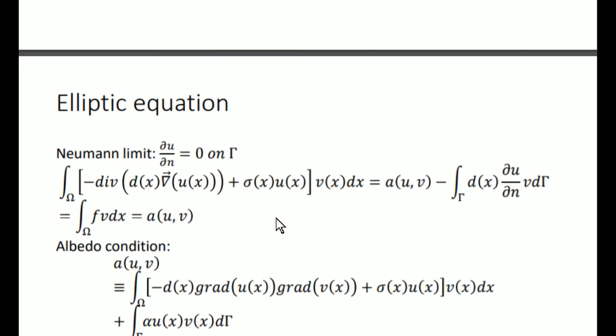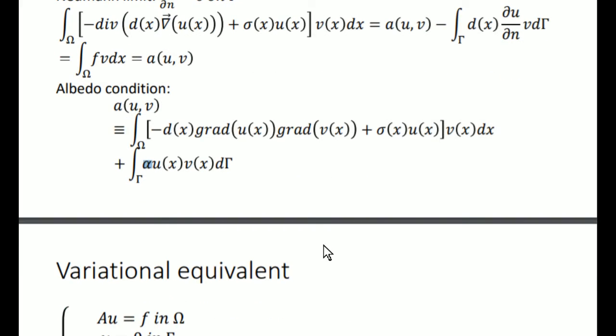And for the albedo condition, this time we have to use another term that comes from just the definition, that makes the appearance of a factor alpha compared to previously. And obviously, now we get that a of uv with this new term on the albedo condition is equal to the integral of fv dx on omega.